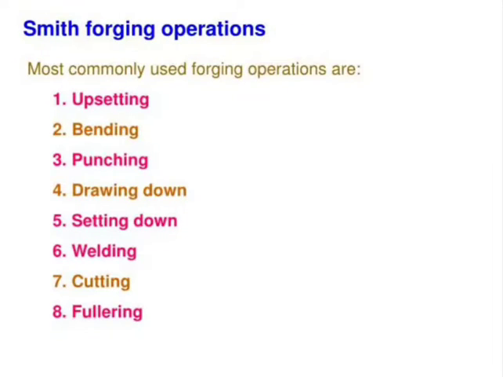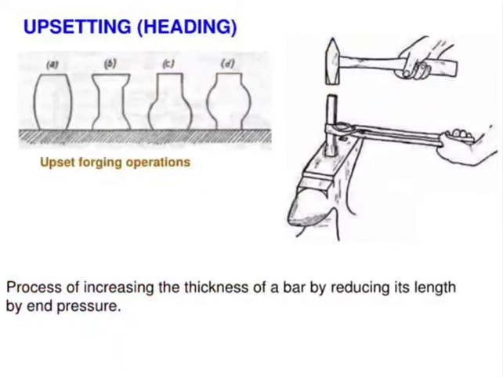Smith forging operations, the most commonly used: upsetting, bending, punching, drawing down, setting down, welding, cutting and fullering. Let us study in depth. What is upsetting? Heading. Here the figures show how the shape changes and where we have to hit with the hammer.